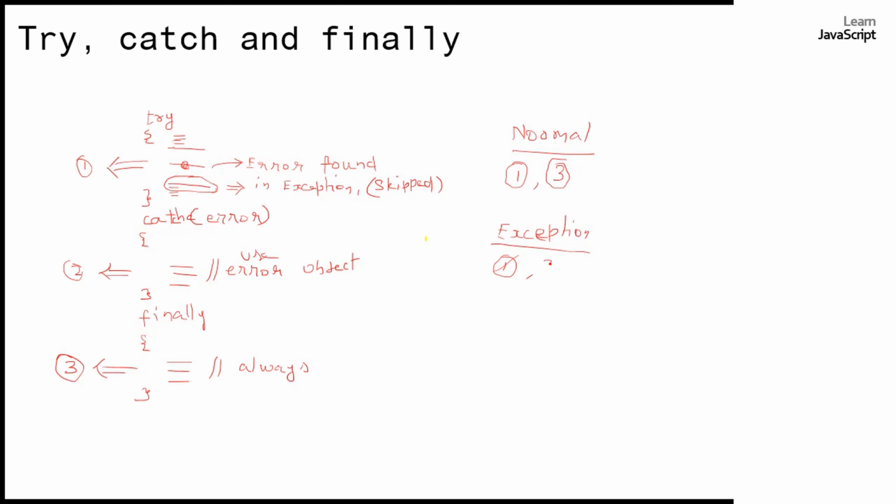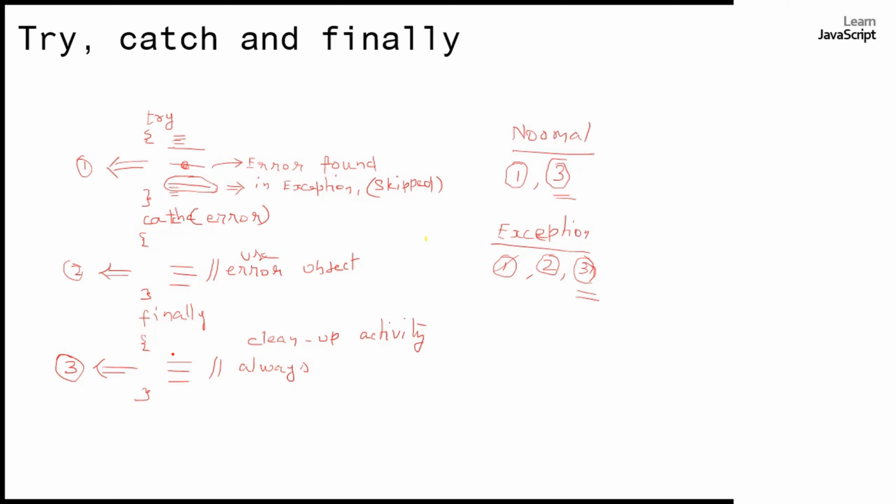So we will go to the catch block and execute all the statements there. Then we will come to the finally block also, and all the statements in there will get executed. So whether we get an exception or not, the finally block will get executed. That means it's a perfect place to release memory or do all the cleanup activity. So the cleanup activity you can perform here in the finally block.